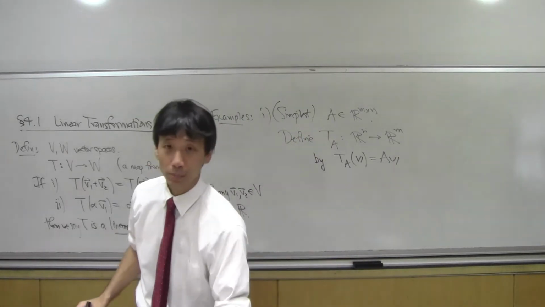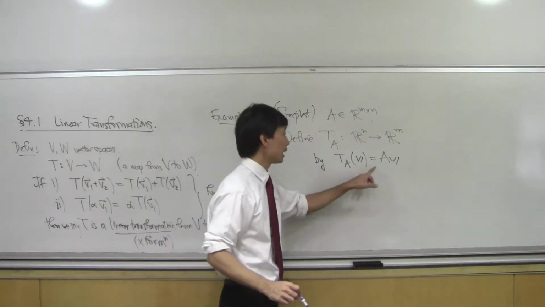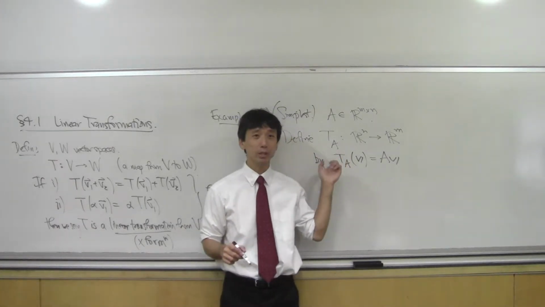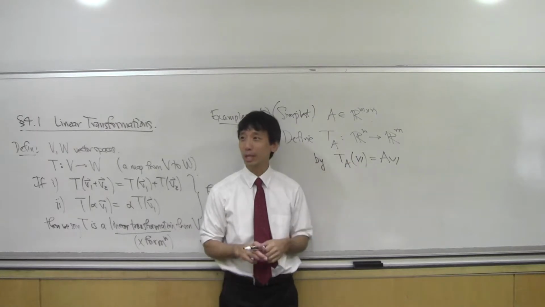So just left multiply V by A. T sub A is the linear transformation that says left multiply by A.